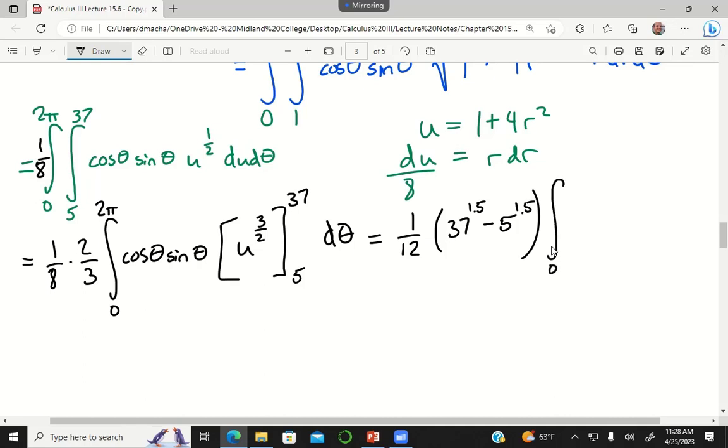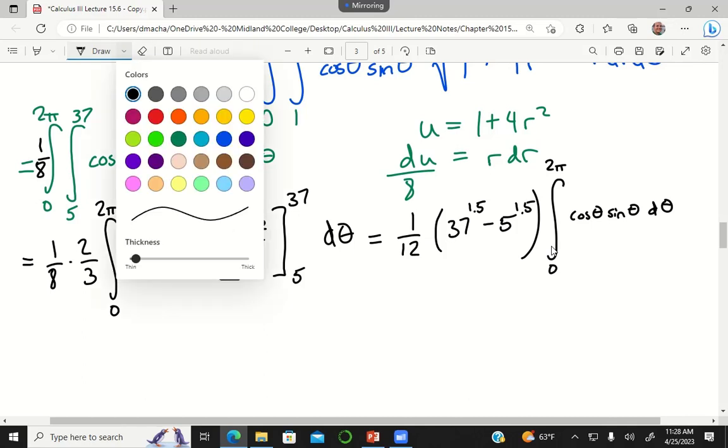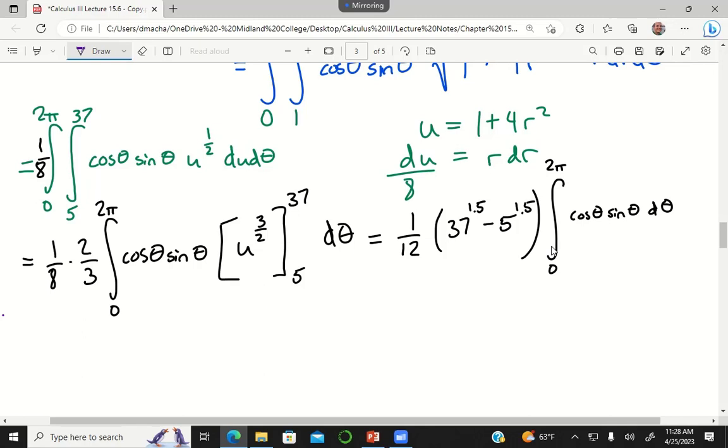And then we've got integral 0 to 2 pi of cosine theta sine theta d theta. And how do I get rid of that last integral? It is 1/2 sine 2 theta. What cosine theta times sine theta is? 1/2 sine 2 theta.